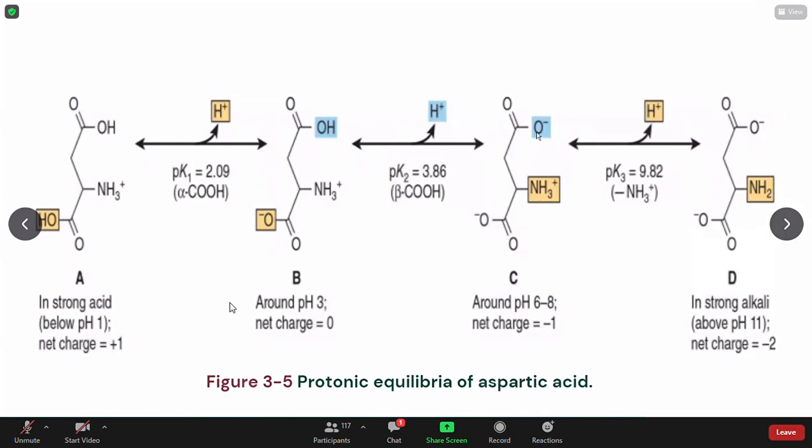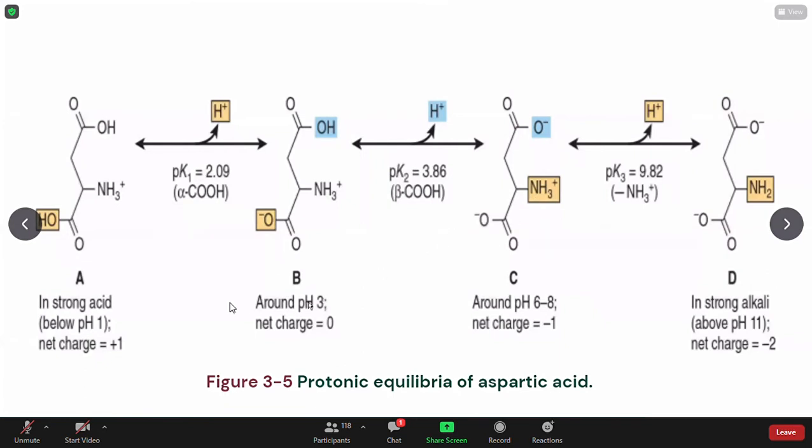And here you have 2 negative charges, because your amino group loses its proton. Unlike this one, which is NH3, this one is NH2. So different pH gives you different species of your amino acid.